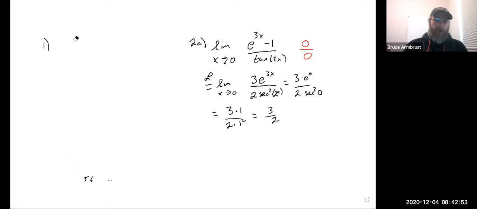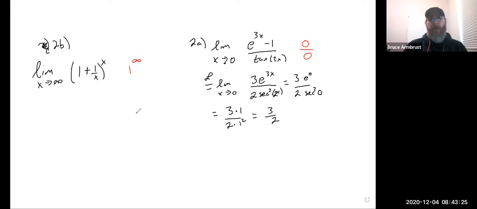All right. So for b, oops, I guess I should have erased up there too. 2b. We got the limit as x goes to infinity of 1 plus 1 over x to the x. All right, so if we plug in infinity, we're going to get 1 plus 0, which is 1, raised to the infinity power.